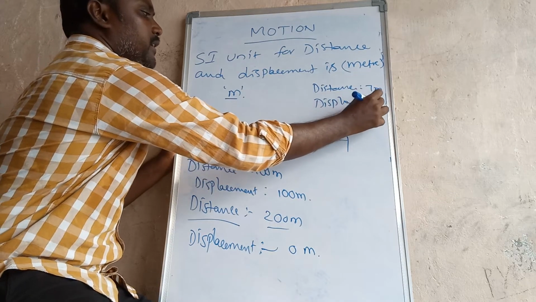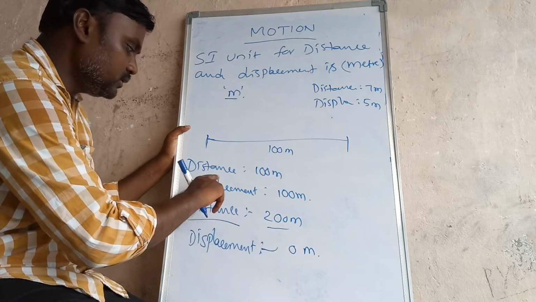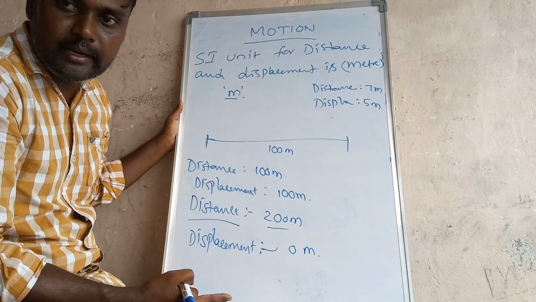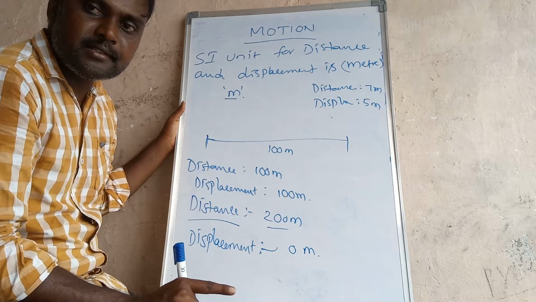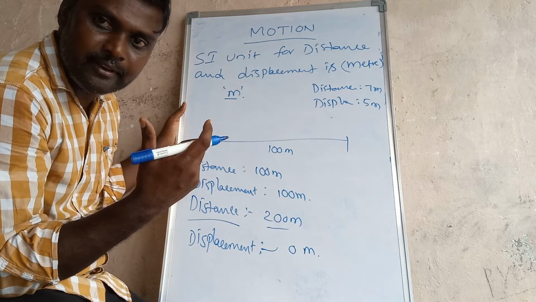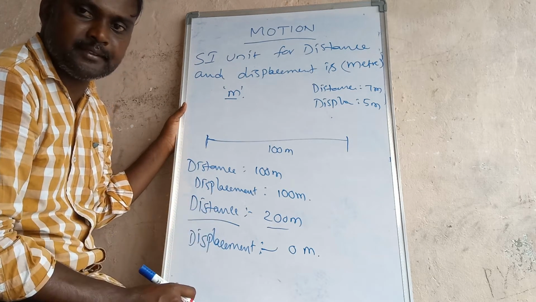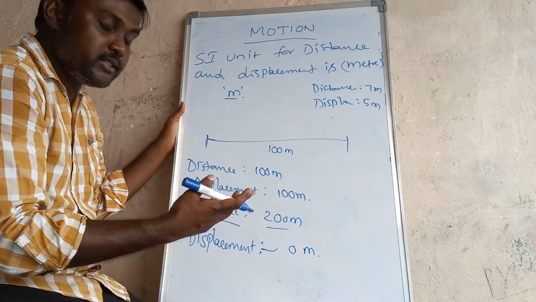In the second example, distance is 200 meters and displacement is 0. You may have a doubt: if displacement is 0, distance can still be a non-zero value. Yes, it is possible. Here displacement is 0 but distance is 200 meters.